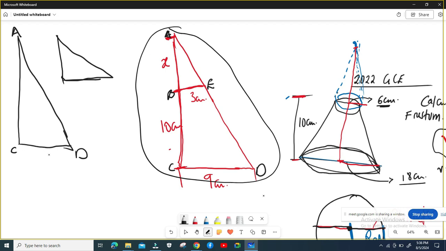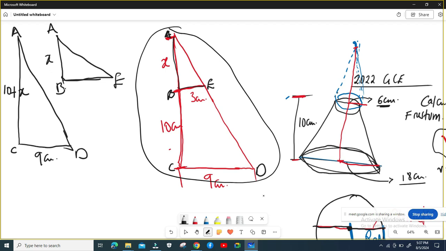AC is x plus 10, so the height is 10 plus x. And then the smaller triangle is A, B, and E, where the height AB is x, and BE is 3.